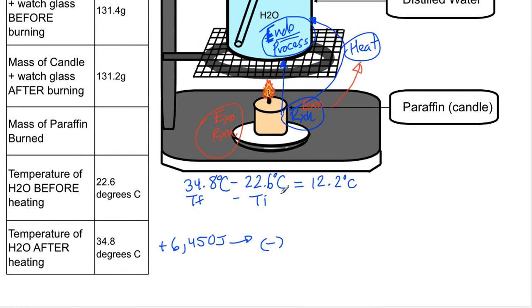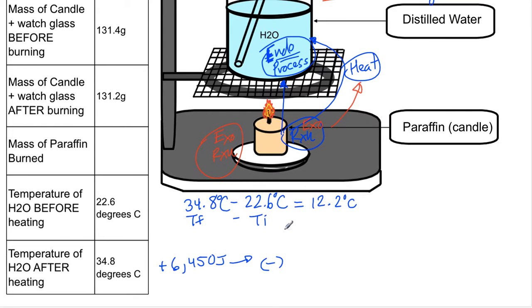So let's write out that reaction really quick. That reaction is C25H52 plus oxygen gas. This is a solid, it's candle. Gives you carbon dioxide plus water vapor plus, if you guessed it, heat.